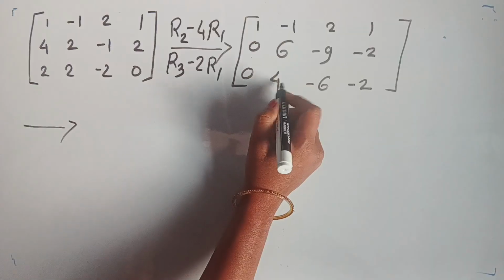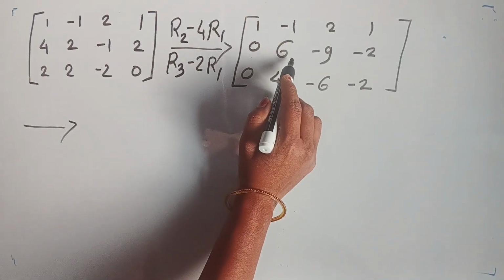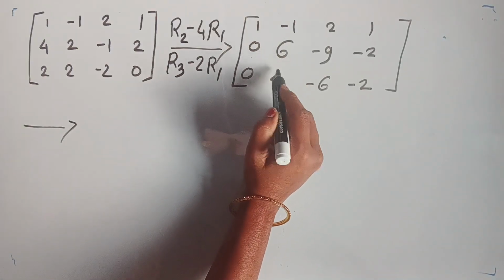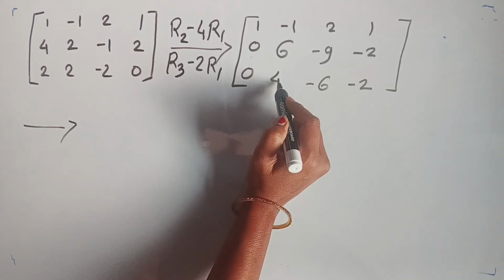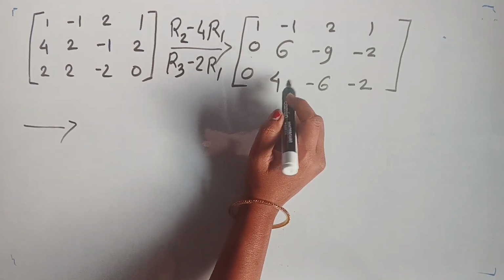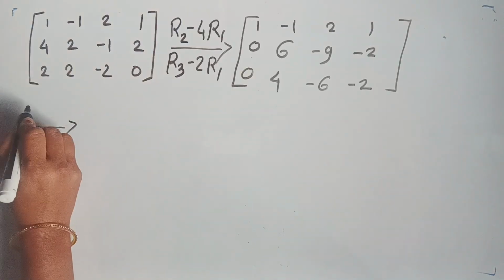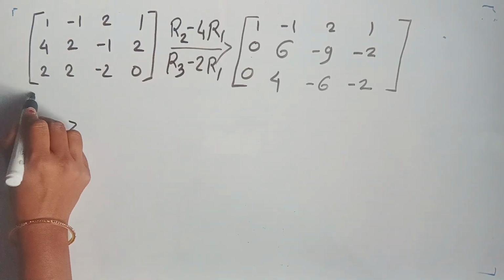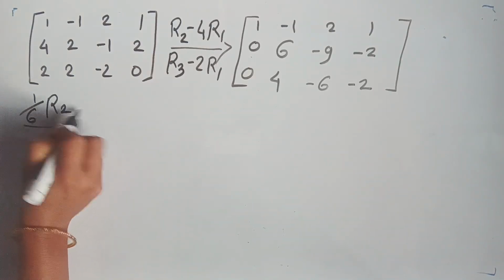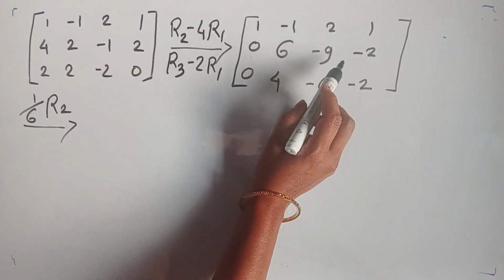okay. But the problem is we have 6 here, and 4 is not a multiple of 6. So this will be converted to fractions. To avoid it, we can use first operation as 1 by 6 R2, that is we are converting this 6 to 1.